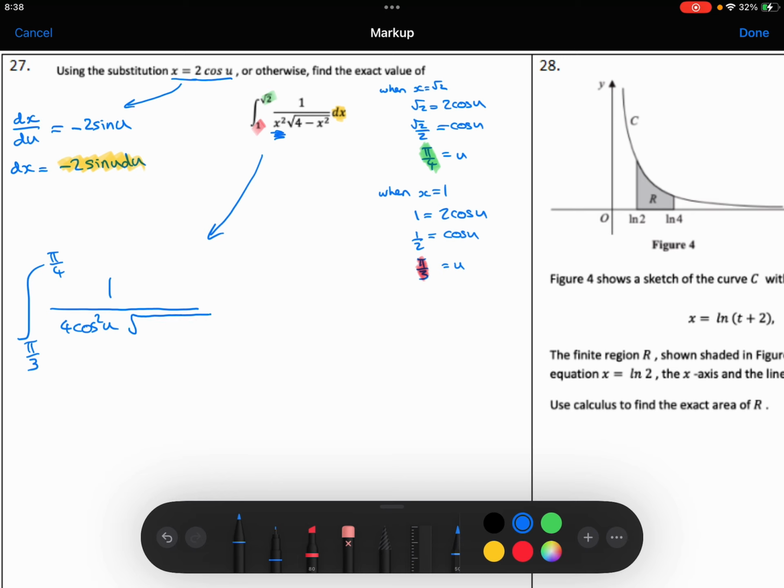Then we've got the square root of 4 minus x squared, so 4 minus 4 cos squared. And not forgetting the dx that's going to get replaced with the minus 2 sine u du.